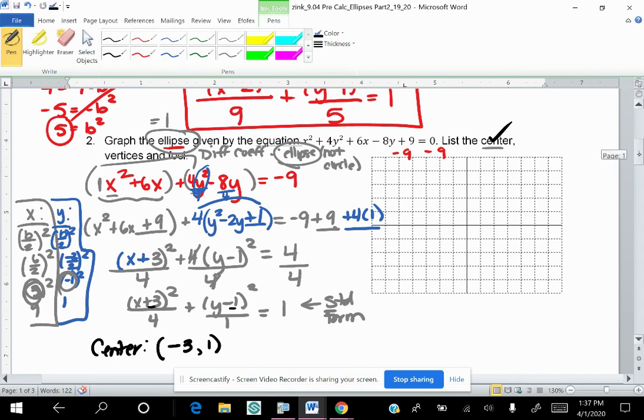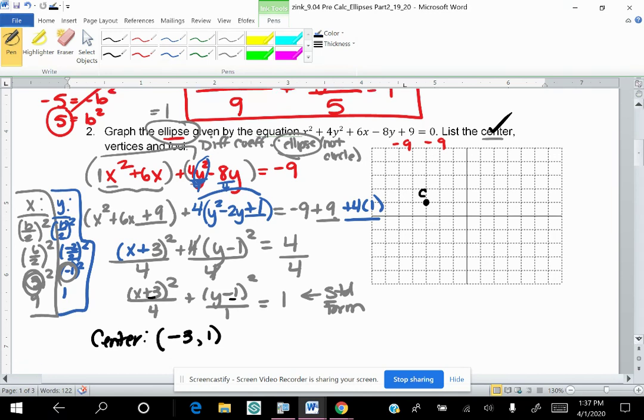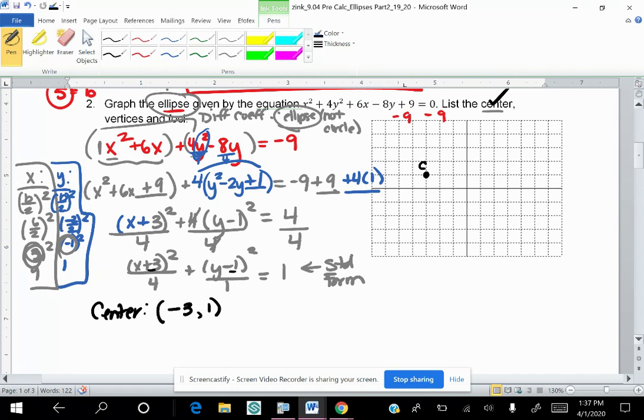So now let's find our vertices, and then we'll work on our foci. Also, I'm going to graph this as we go. So -3, 1 is my center. And I want to find my vertices now. To find my vertices, ask yourself, what letter tells me the distance from my center to my vertex? And hopefully in your head, you're saying the a value. So what is our a value? Well, a we know is always the biggest number in the denominator.